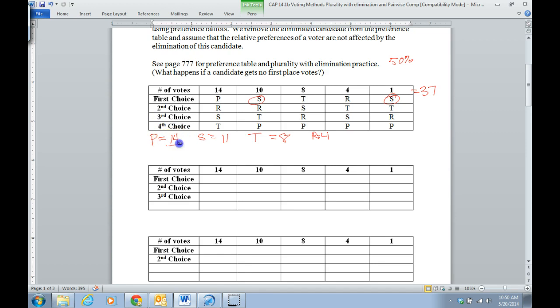He has 14 out of 37. It has to be 50% in order for us to stop. 14 divided by 37 ends up being 38%. Okay? So because we don't have a majority vote here, we've got to do some elimination.